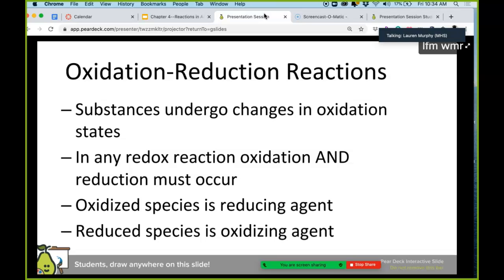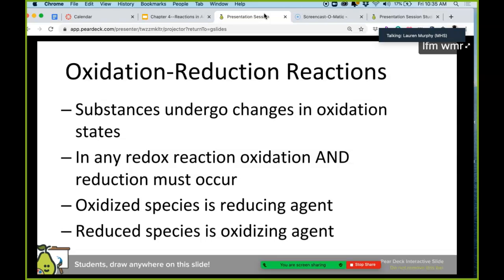So the one that loses the electrons is oxidized, but it's causing the other species to be reduced, which is why they call it the reducing agent. And then, of course, the reverse is true. The substance that's being reduced is gaining electrons because it's oxidizing, or taking them away from, a different substance. So it's called the oxidizing agent. It causes the other thing to become oxidized.